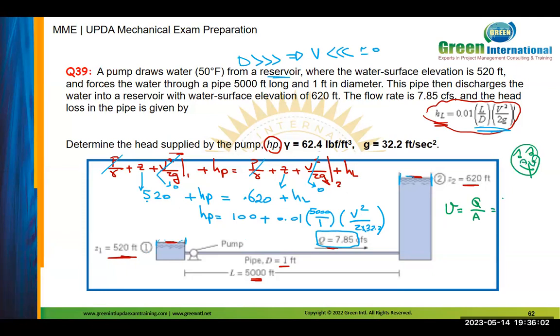So Q is 7.85 cubic feet per second. Area is pi over 4, diameter square. What is the diameter? 1 feet. So 1 square. You get the value for the velocity. Once you have the value, substitute it here. Don't forget this is velocity square, because many lose this square. Okay, that's it. Substitute the velocity and continue to solve. You obtain head of pump 178, which means the part of losses is only 78 feet. Any question?